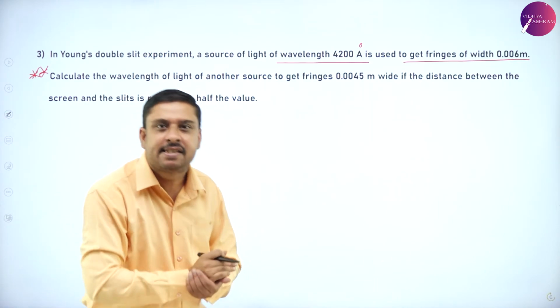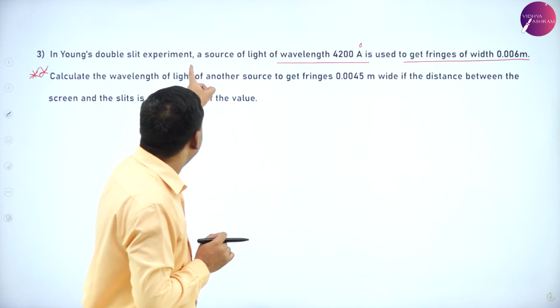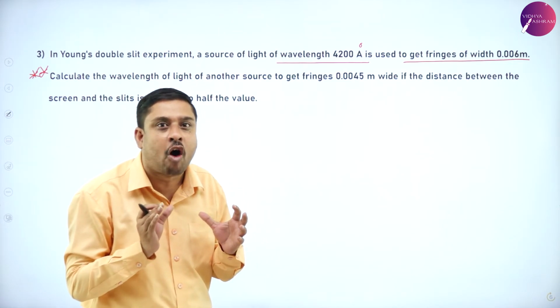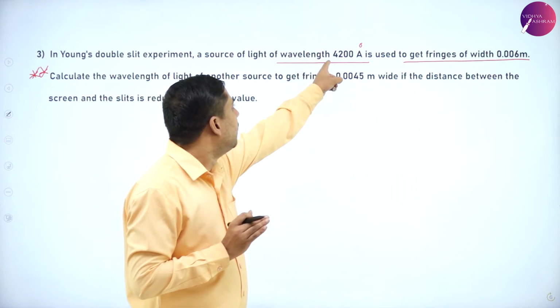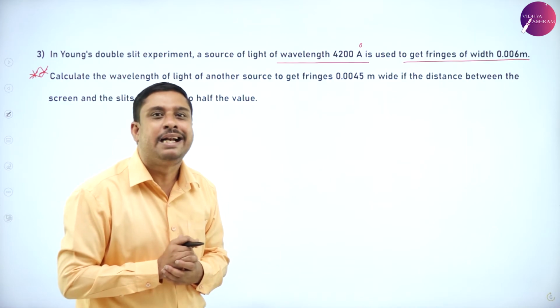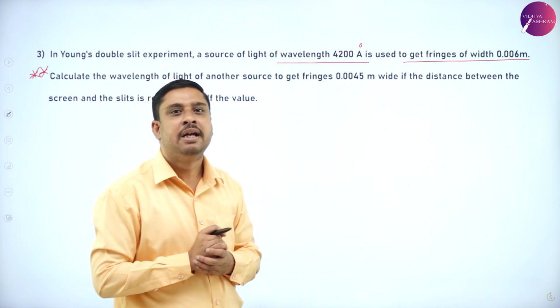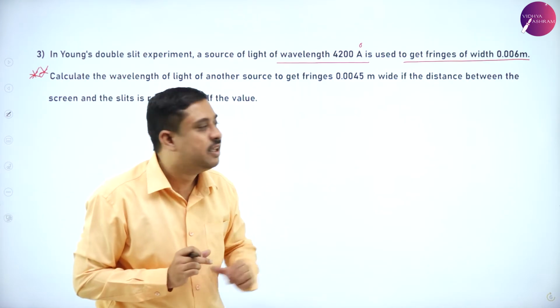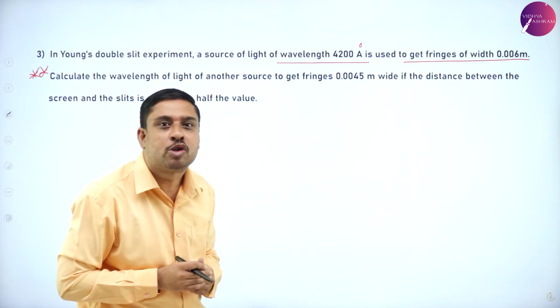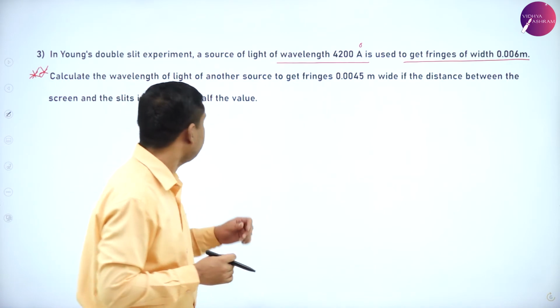So when we use a wavelength of light of 4200 angstrom, the fringe width is 0.006 meter.